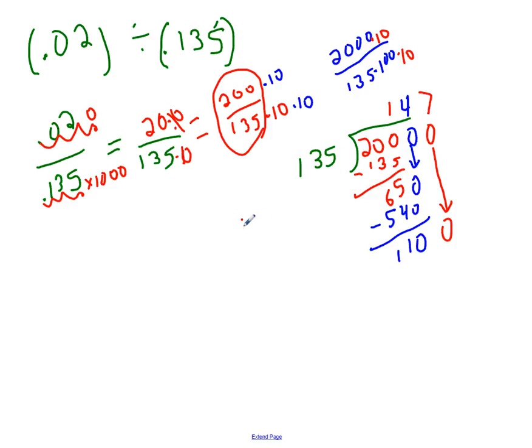Let's see, 135 times 7. 945. Yeah, if I add another 135 to that, I think we're going to go over. No, 1080 is less than 1100. So 7 was too little. I actually need 8 135s. That's going to give me 1080. And 100 minus 80 is 20.